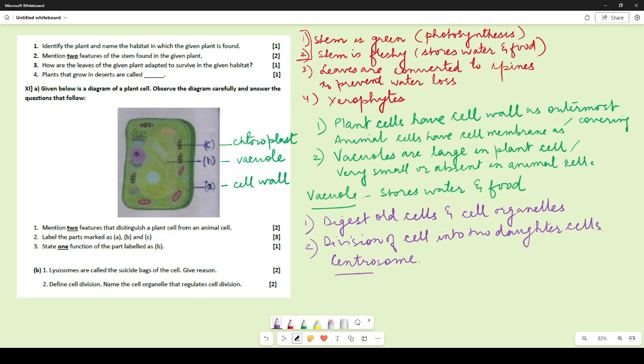So centrosome is responsible for regulating the cell division. Another is the nucleus, right? Nucleus overall takes part in the cell division. The cell division begins from the nucleus, but the cell organelle that regulates the cell division is the centrosome.